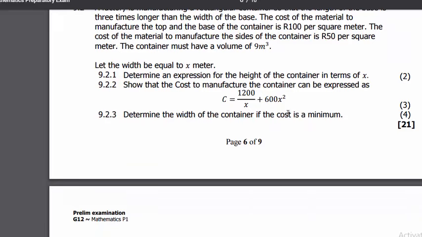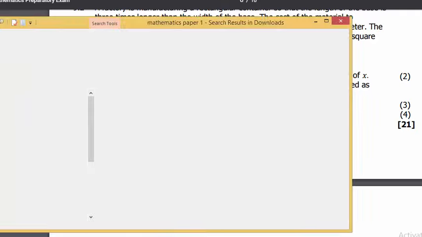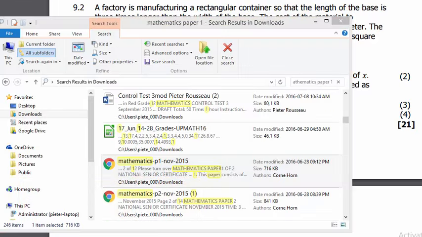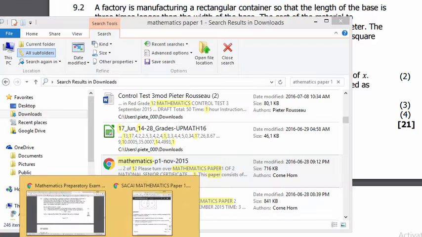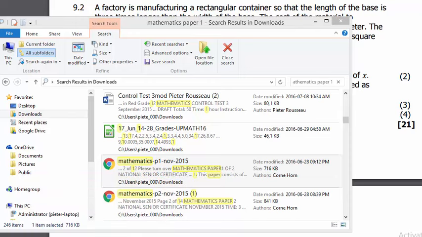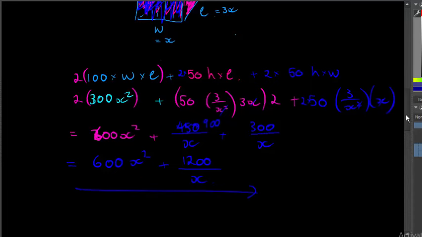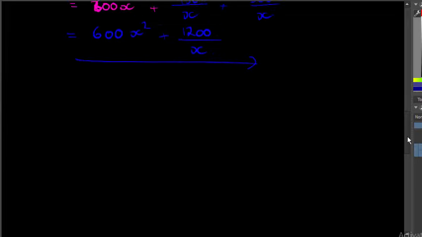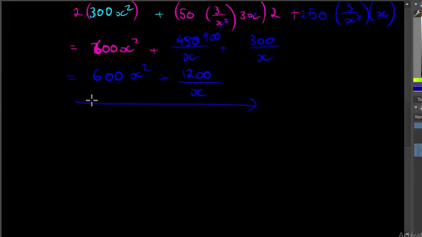Determine the width of the container if the cost is a minimum. Okay, so we want to minimize the cost. This is the expression. So even if you couldn't show this, you can still do it from here, because I take the derivative and make it equal to 0.